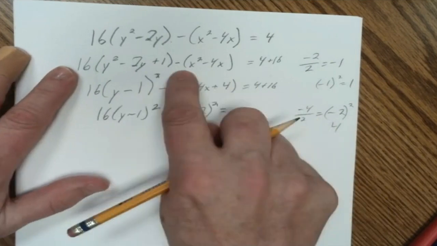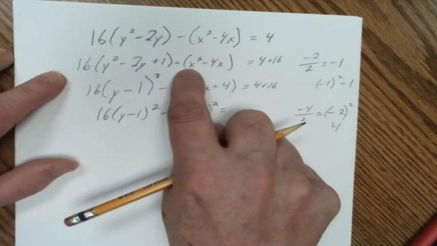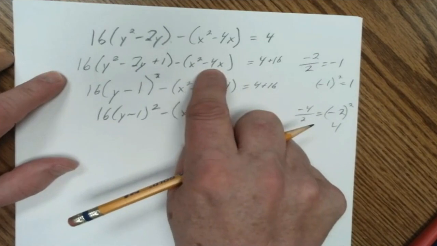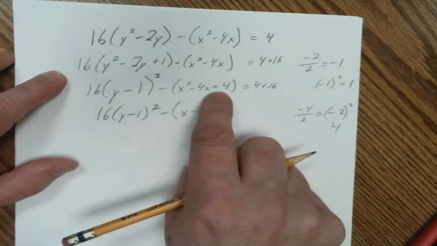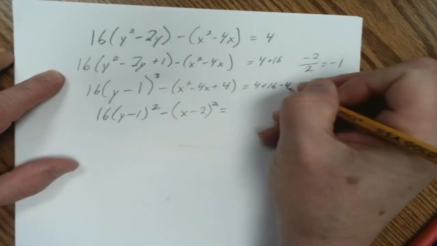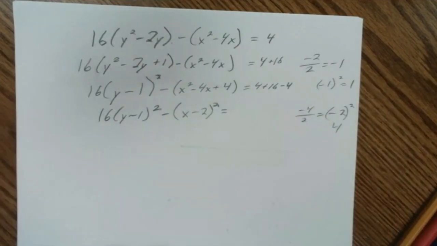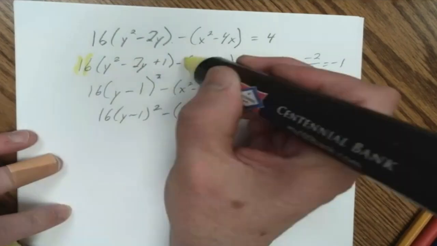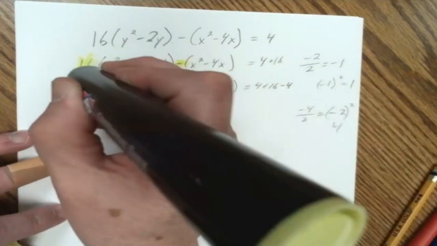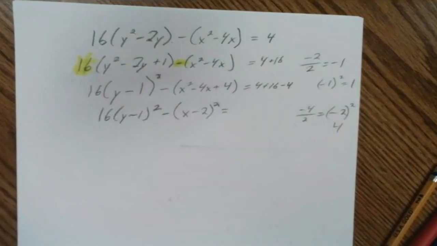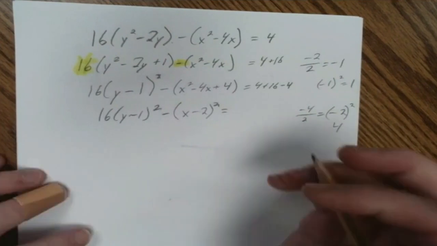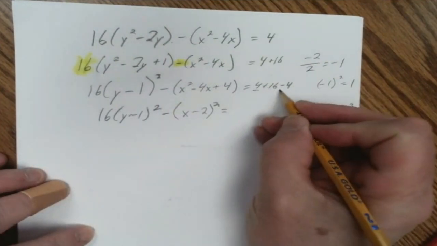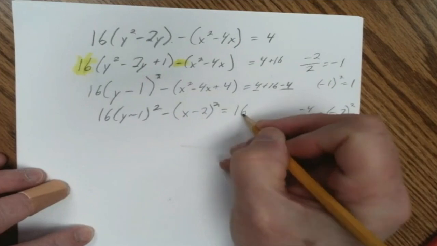Up here, I was just subtracting x squared, adding 4x to subtract a negative, and then 0. But now I'm subtracting 4, so I have to subtract 4 from the other side. These two things I did not pay attention to. I was not awake this morning to catch them until I looked at it later and went, well, yeah, I totally skipped that. If I do that, 4 minus 4 goes away, and this does equal 16.